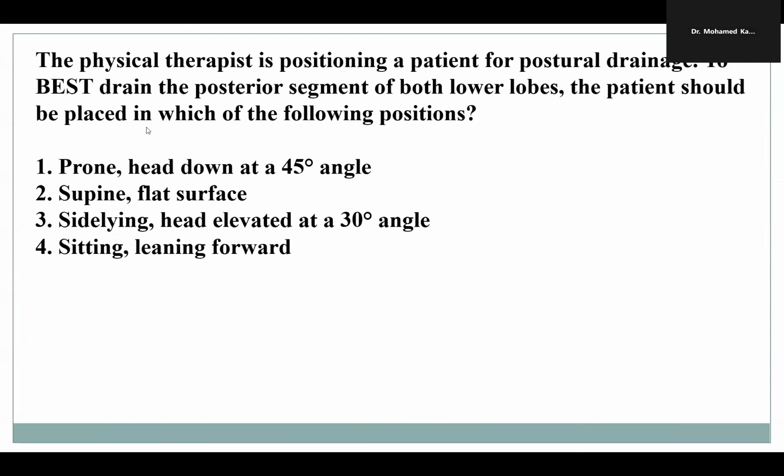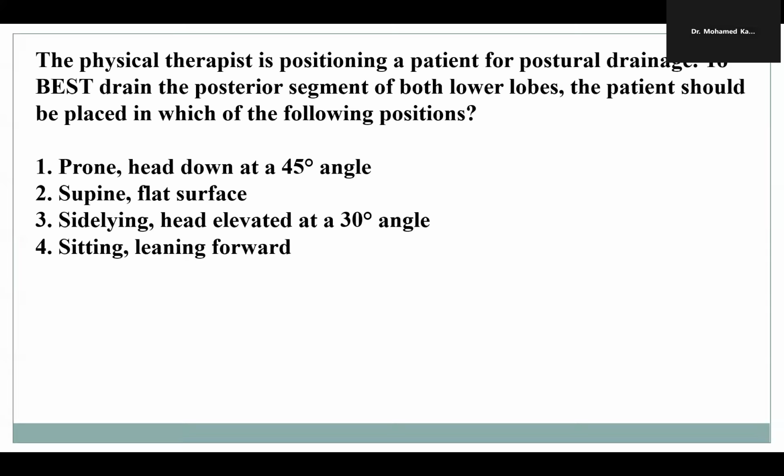The topic or the question is saying a physical therapist is positioning a patient for postural drainage. So when I'm hearing postural drainage, I know this is pulmonary or respiratory content, and this will take my attention to the CVP or cardiovascular and pulmonary, which is a heavy content for some of the students or a little bit complicated for some of the students.